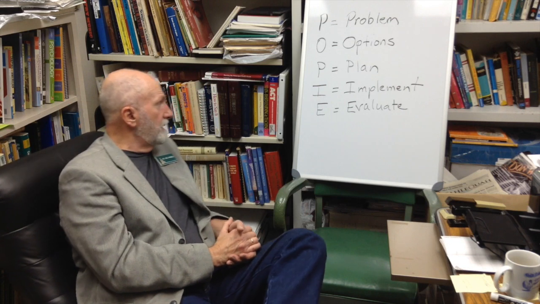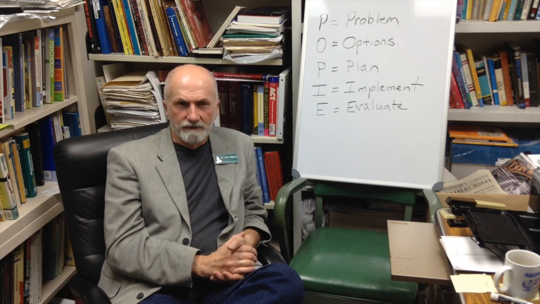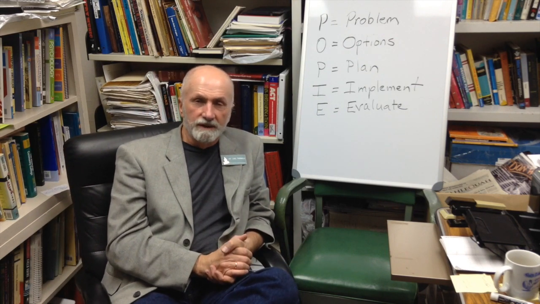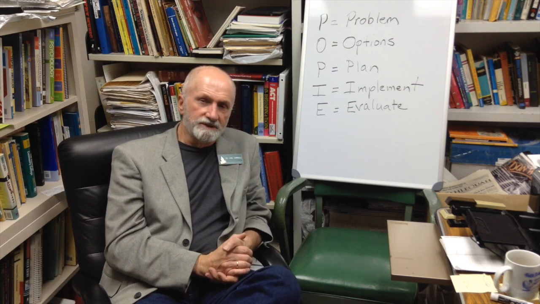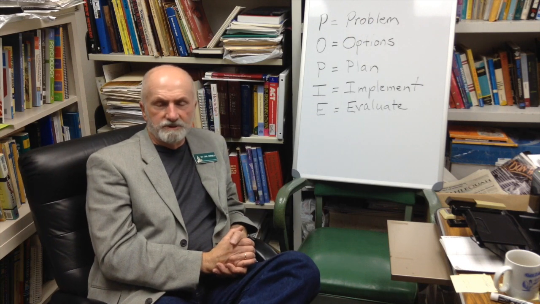When you start looking at options, there's a number of ways that we look at options. Generally, we think of the needs assessment, the tools of needs assessment, so you could go out and look that up by putting in tools of needs assessment and seeing the different kinds of things you can do to find options.